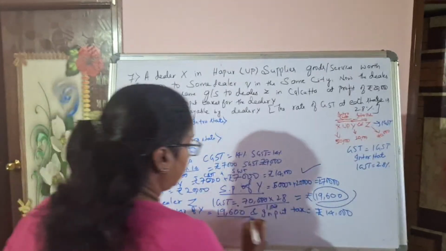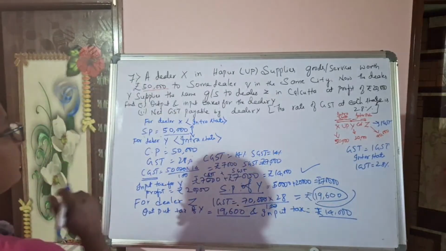So this is the input and output tax for dealer Y.